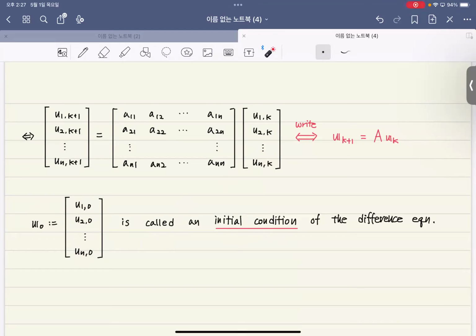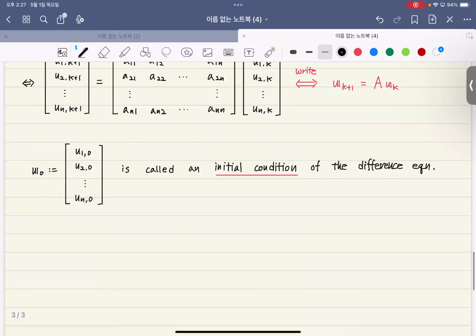Okay, great. Now, question. For this given information, I think I can find a closed formula for the system of difference equations. Can you guess? Then u_k is actually A raised to the power of k times u0.